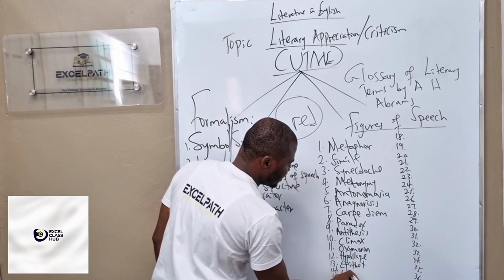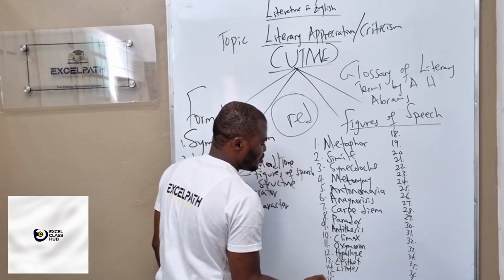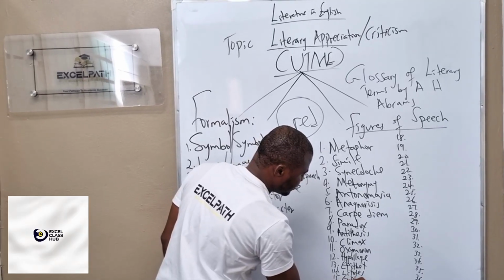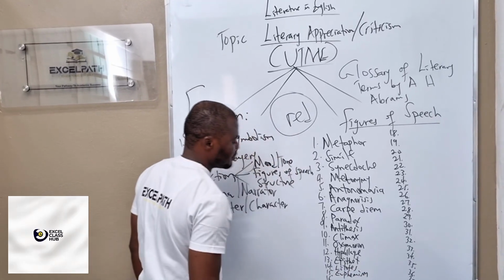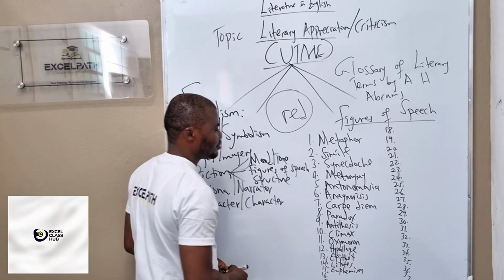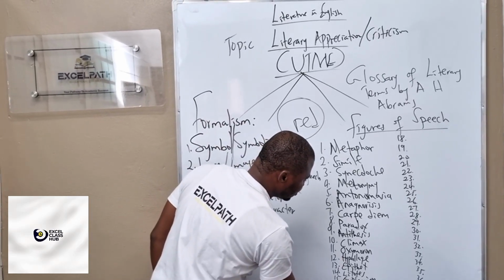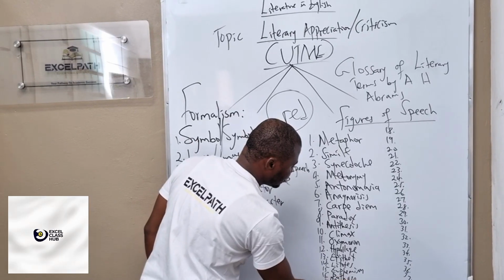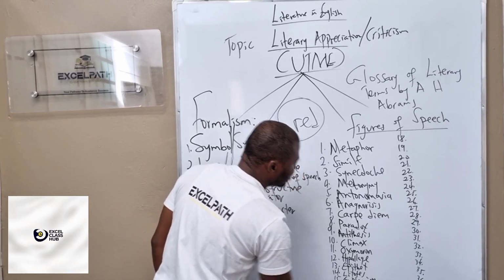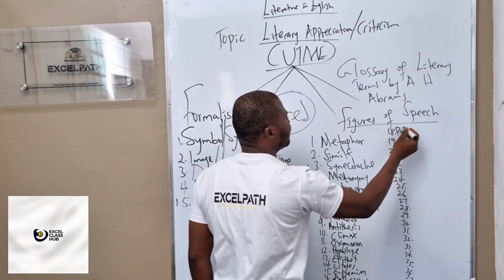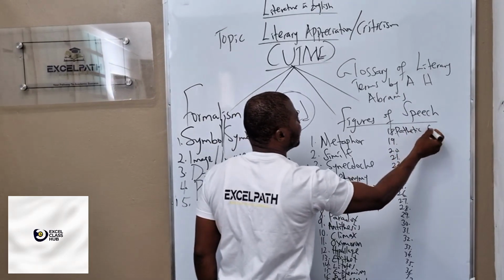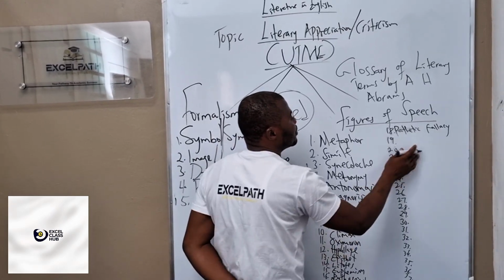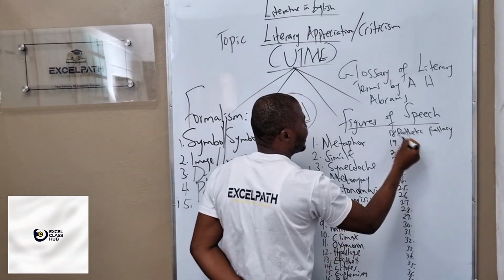We have litotes. We have euphemism. Another one is pathos. Another one is personification. Another one is pathetic fallacy. We have another one as anaphora.